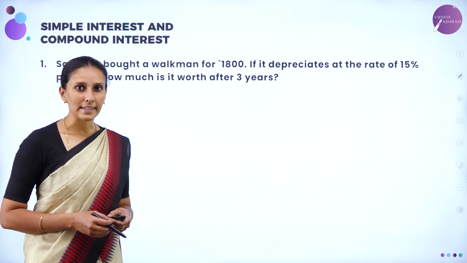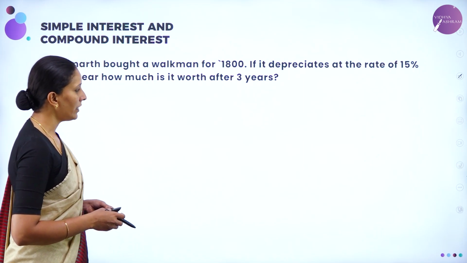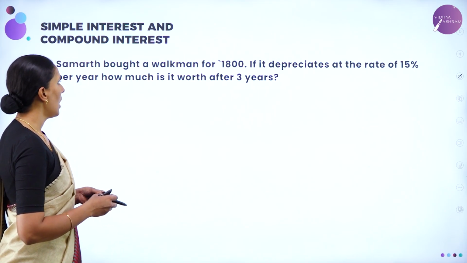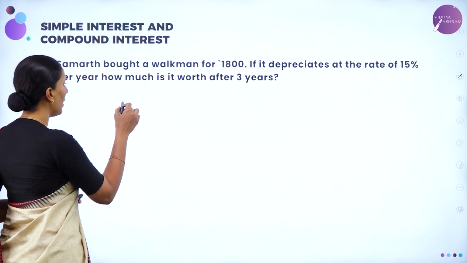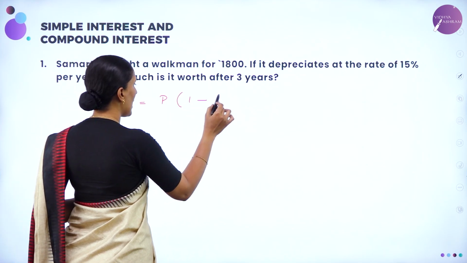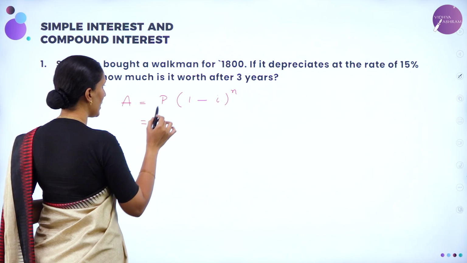Now let's take an example here. Samarth bought a Walkman for 1,800. If it depreciates at the rate of 15% per year, how much is it worth after 3 years? So here the formula we use is A is equal to P into (1 minus i) to the power n. We are calculating the amount after 3 years.